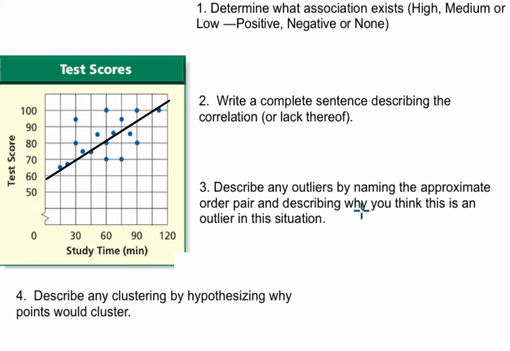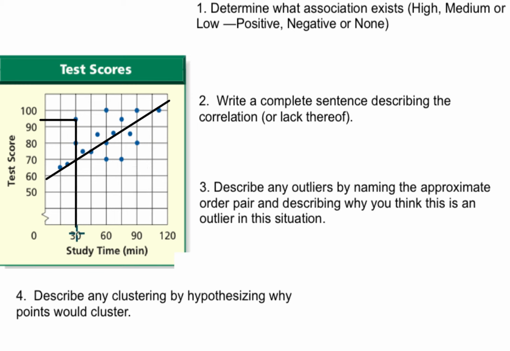3. Describe any outliers by naming the approximate ordered pair and describing why you think it's an outlier in this situation. This one right here is a bit away from the line. This student studied for 30 minutes and got a 95, which for the amount of study time is an abnormally high score, kind of making it an outlier.